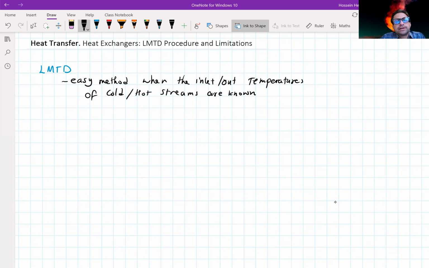Either we know the inlet and outlet temperatures of cold and hot streams, or they can be easily defined or determined from energy balance.